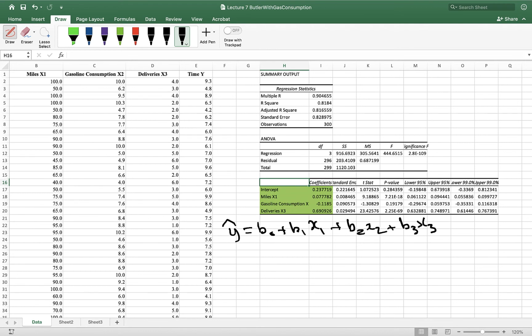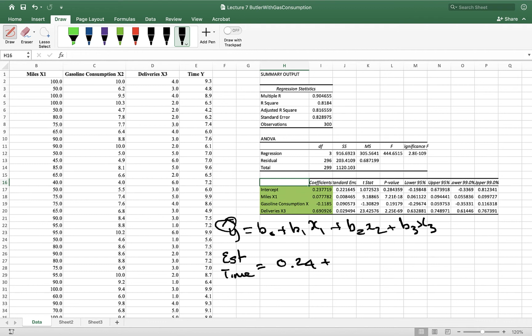And we can fill that in. The hat on top just means estimated, and y is going to be the estimated time, equals b0, which is 0.23, I'm just going to cut down to 0.24. I'll just round to 2 decimal places. That's going to be b0.